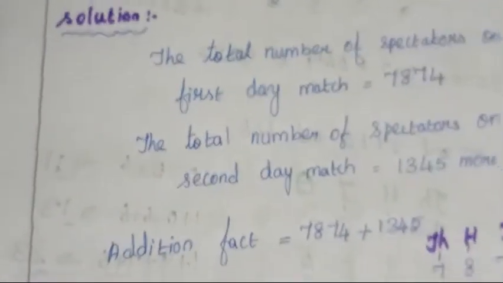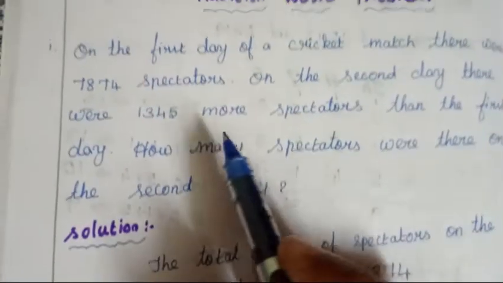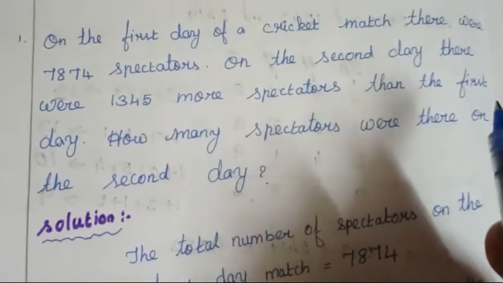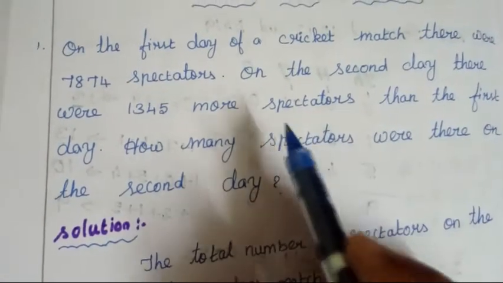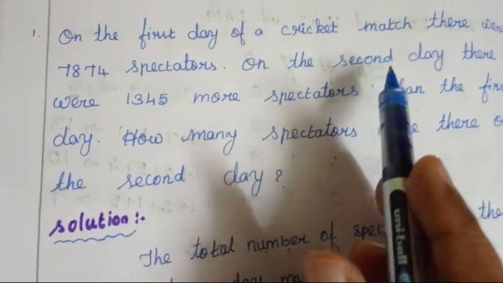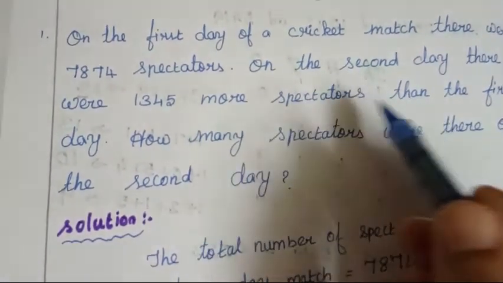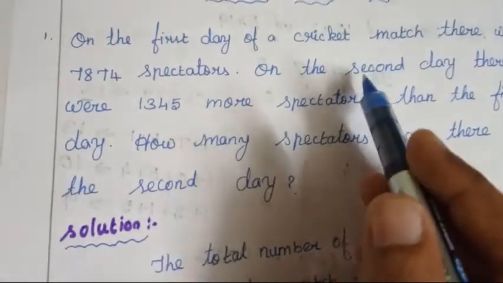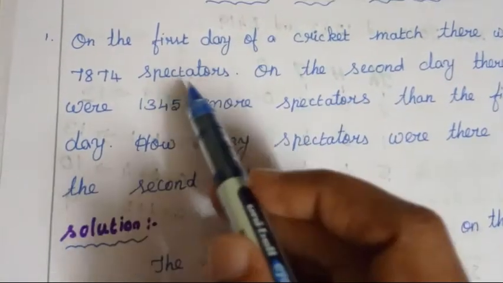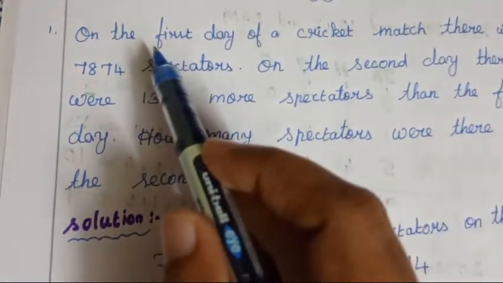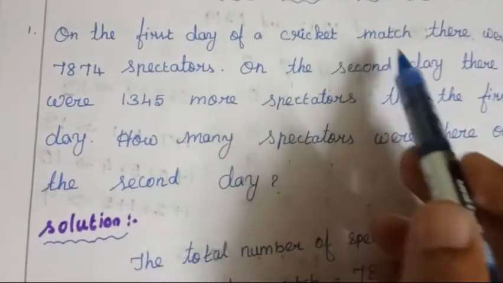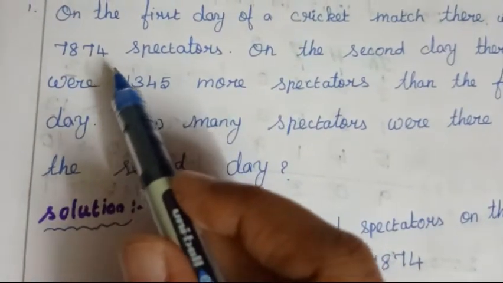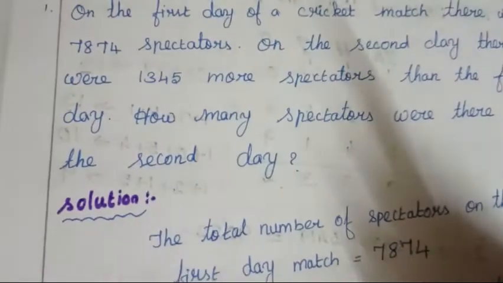Okay, children. So first you have to read the question. Then next you have to find the hint. To solve this word problem, you have to find the hint. Here the first hint is: on the first day of the cricket match, there were 7,874 spectators.